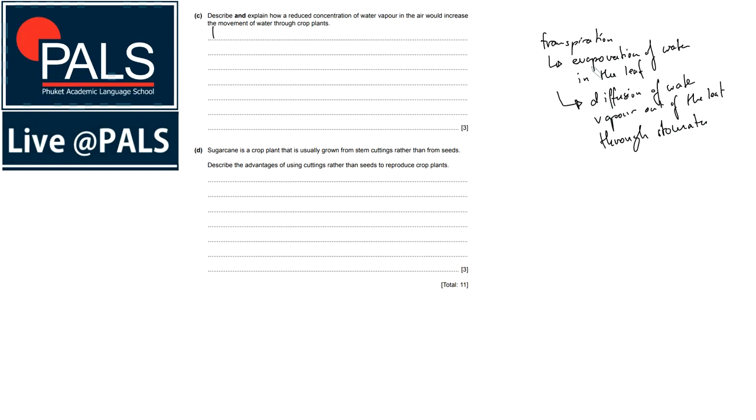Now this is transpiration. First evaporation, then diffusion. Now these two processes happen in the leaf. So if water vapor in the air decreases, that means the rate of transpiration would increase.